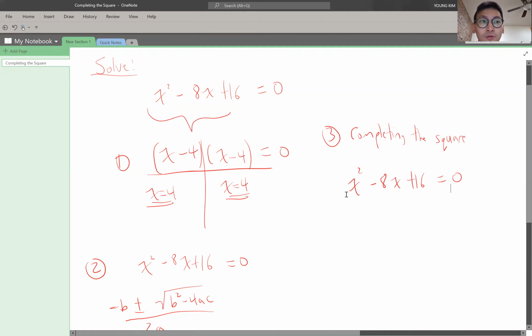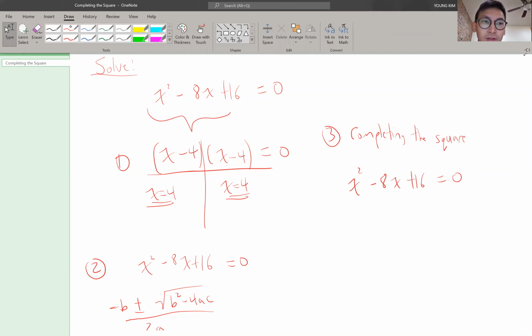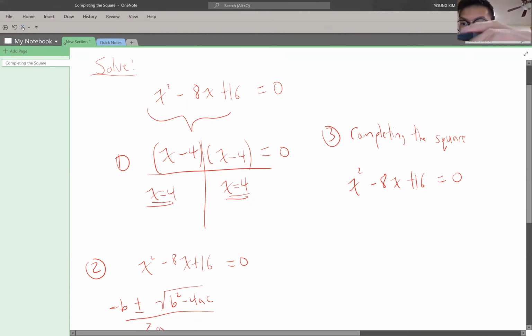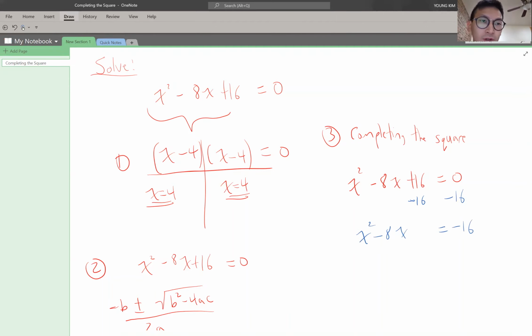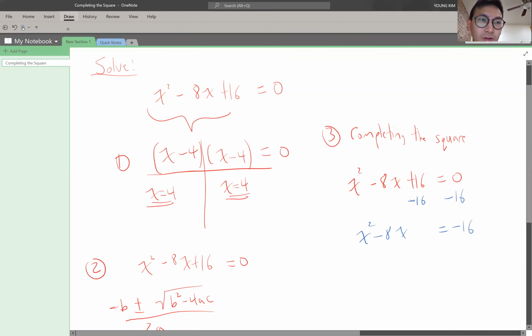And then step 2, what you want to do is move the constants to the other side of the equation. We're going to do that by subtracting 16 on both sides, and then you're going to get x squared minus 8x is equal to negative 16, okay? And now here's where the main trick of completing the square comes into play.